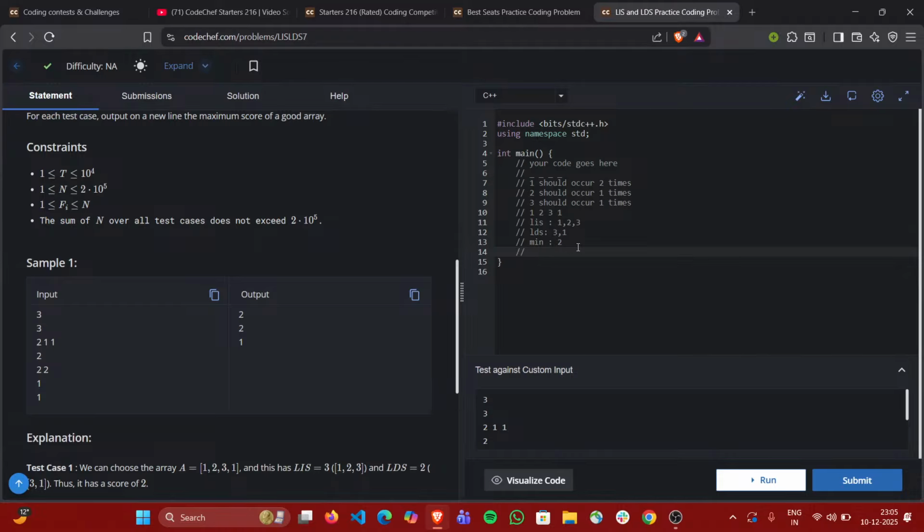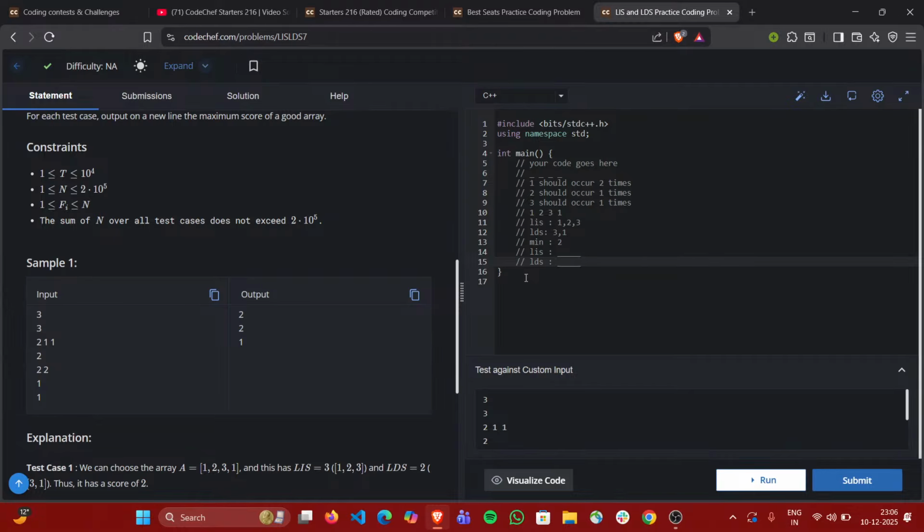So if I'm not trying to calculate the array and just trying to solve the problem, my main focus should be on the LIS and the LDS. I know that I will have one LIS and one LDS, right?